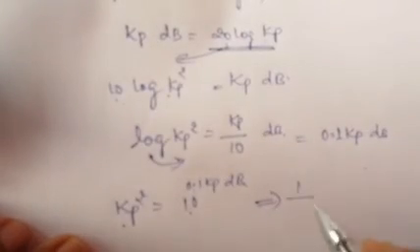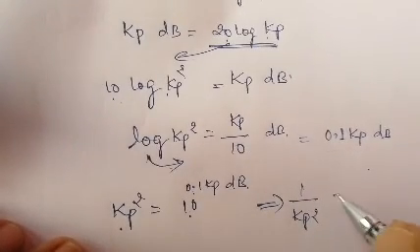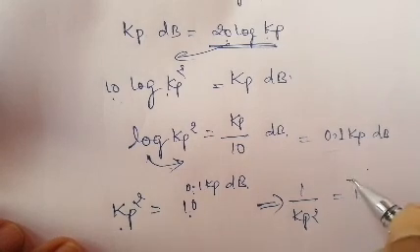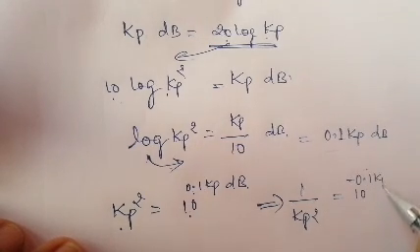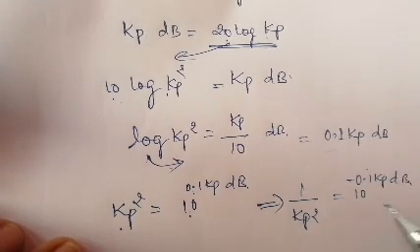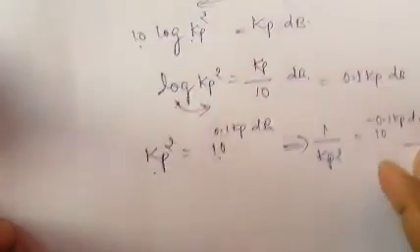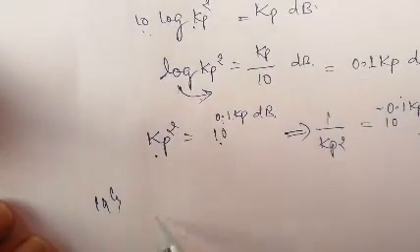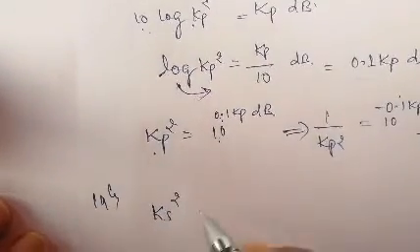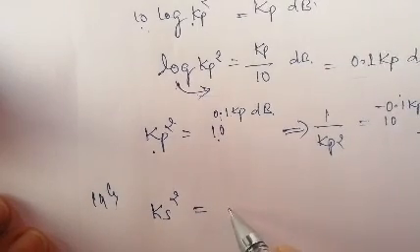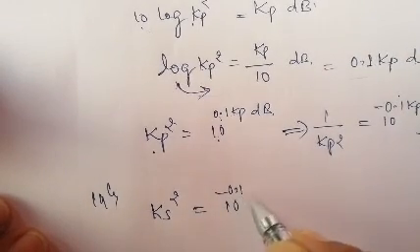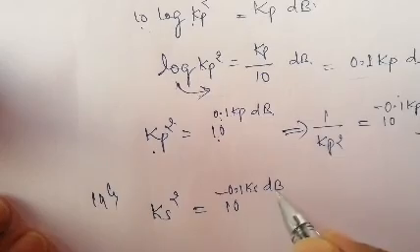If I write 1 by kp square, it becomes the negative power, 10 to the power minus 0.1 kp in dB. So equation number 5. Similarly, we can write for the stop band gain, 1 by ks square equal to 10 to the power minus 0.1 ks in dB.